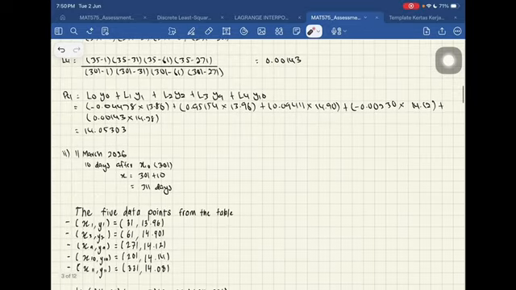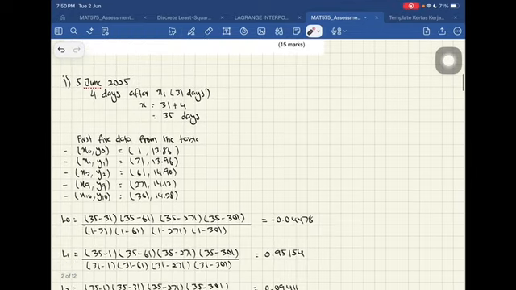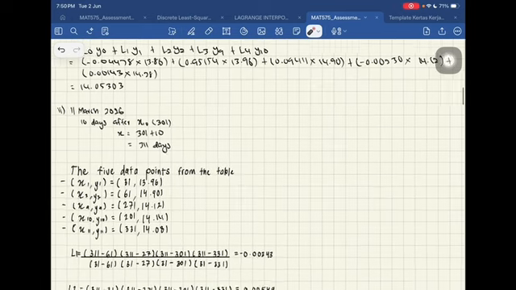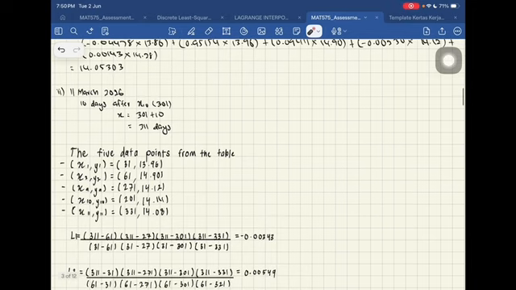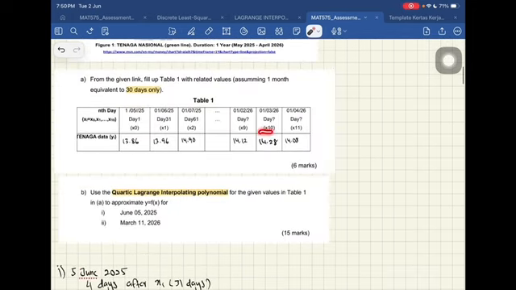For question 2, 11 March 2026, you just do the same working step as question 1, but it is 10 days after x10, which is 301 days.